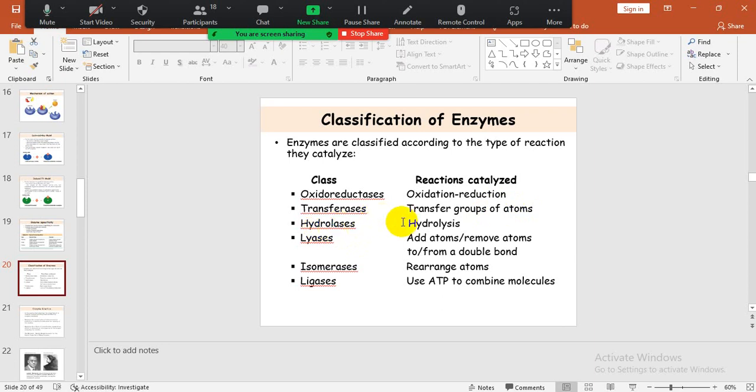Hydrolases use water to hydrolyze compounds. Lyases add atoms or remove atoms from a double bond. Isomerases, isomerase is what? Rearrangement of atoms. And ligases use ATP to combine molecules.